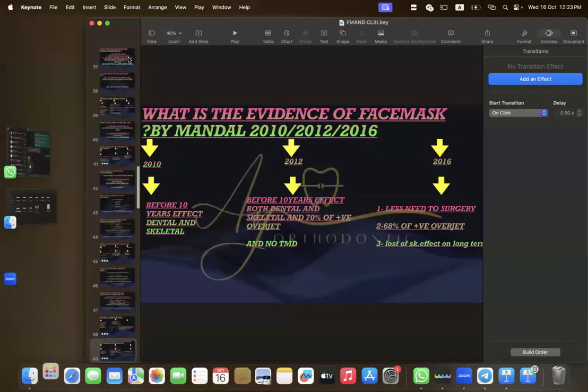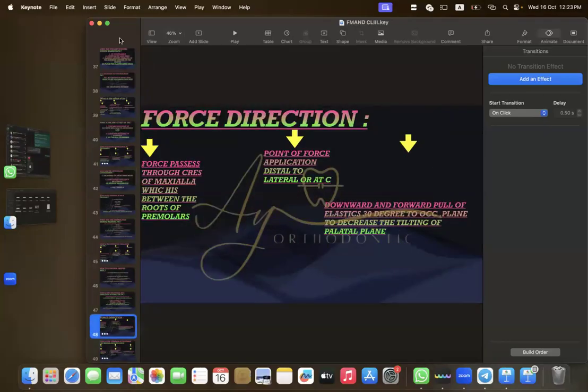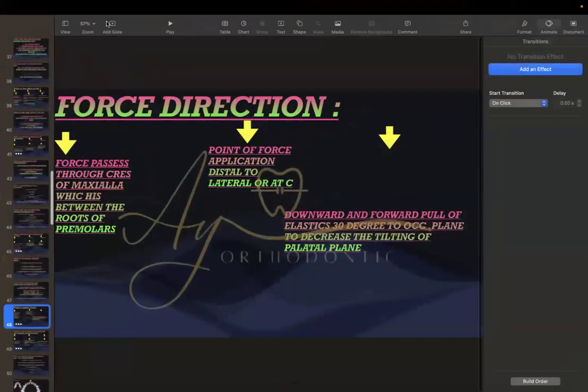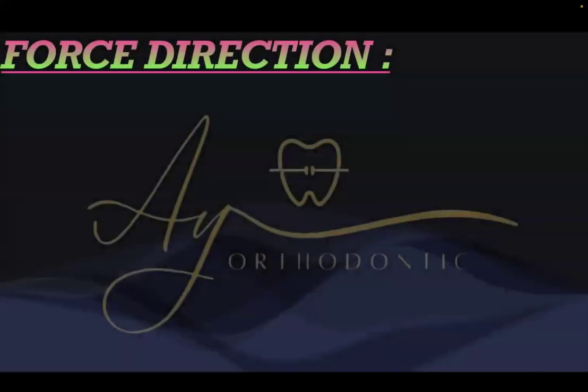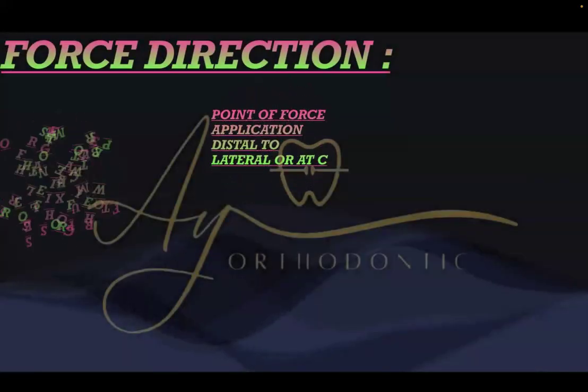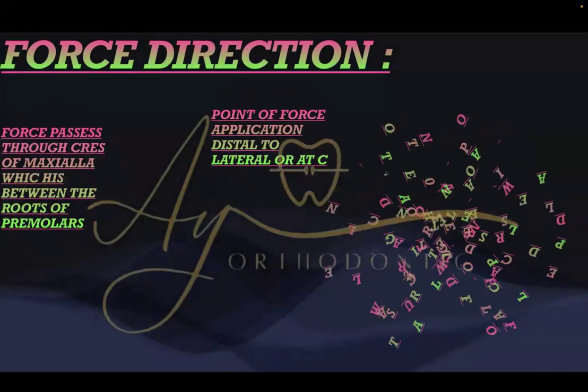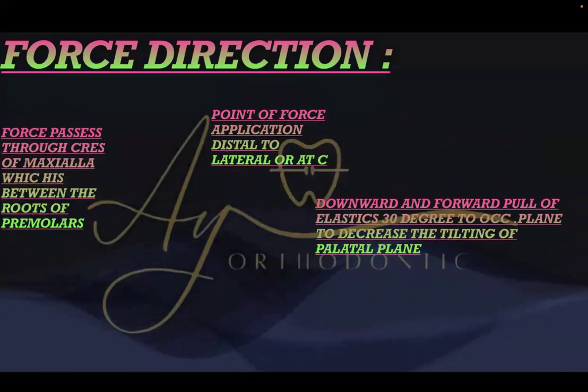And the last one, it should be at 30 degrees below the occlusal plane, to allow the downward, forward pull of the maxilla, okay?